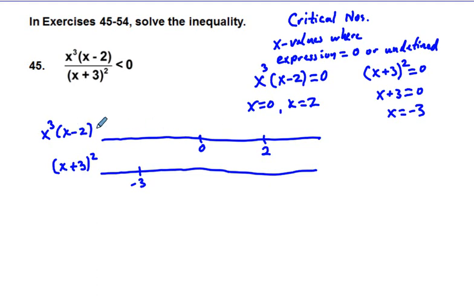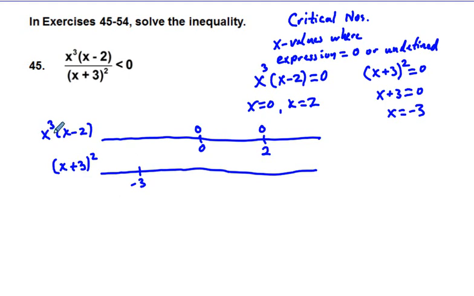So first, looking at the numerator, we see that where x equals 0, the numerator is 0, and likewise where x equals 2, the value of the numerator is 0. And now we're going to check the signs for other intervals at negative 3 also. Now for x being less than 0, what we're going to have is a negative, and a negative cubed can also be negative.